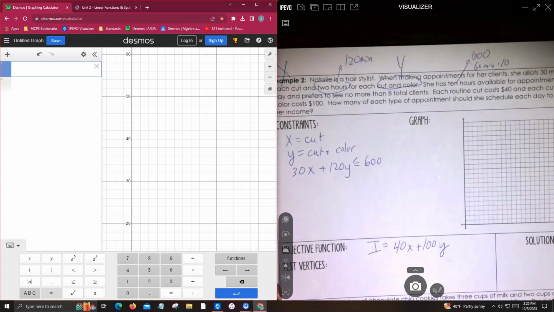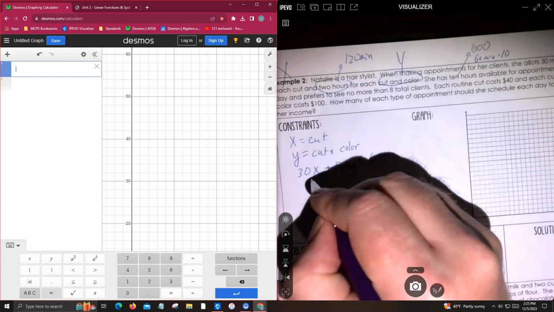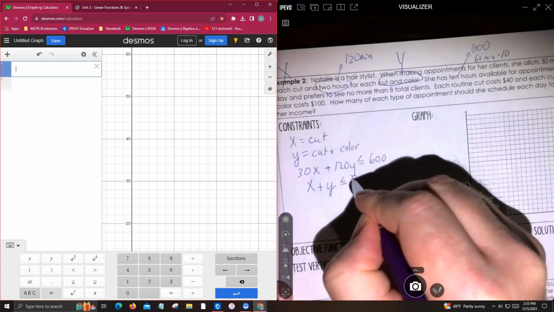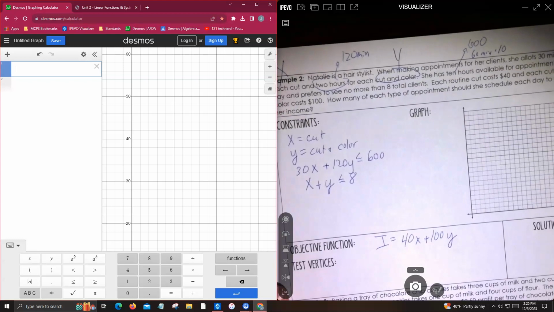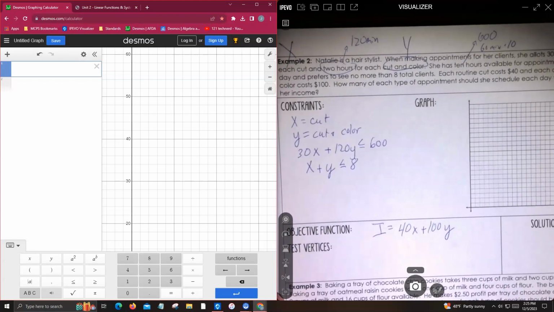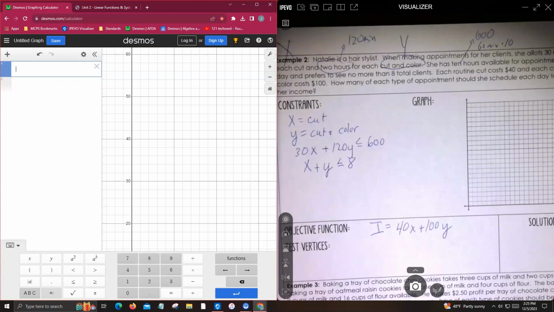And what else? She doesn't want to see more than 8 clients. So the number of cuts plus the number of cut and colors needs to be less than or equal to 8. Also remember that you always have to be positive or zero, because you can't have negative clients.